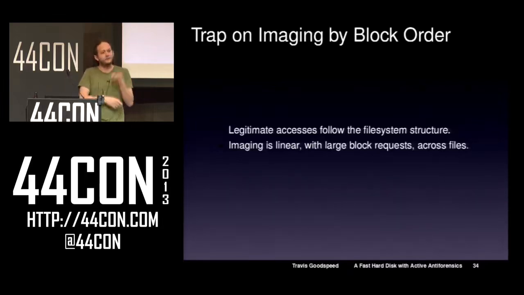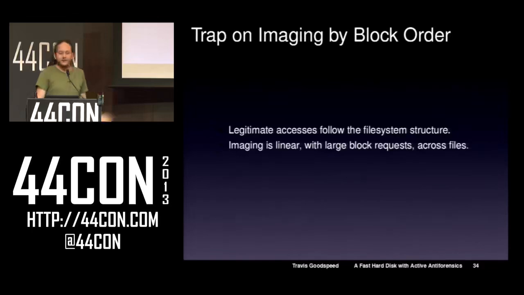Nothing reads from random positions. Nothing follows the disk file system structure. So you can recognize that these things are happening. And if it's linear with large block requests across many files, then you can just start writing instead of reading on each file. You have plenty of time to do this because you're stepping through the blocks one by one.